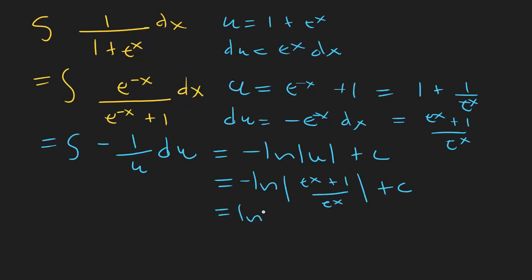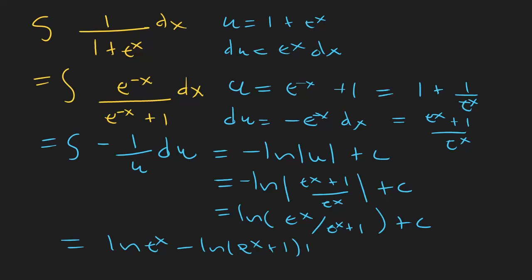Okay, but this can be rewritten even further as the natural log of e to the x minus the natural log of e to the x plus 1 plus c, and this equals x minus the natural log of e to the x plus 1 and then plus c. Okay, so we have that our solution is this right here.